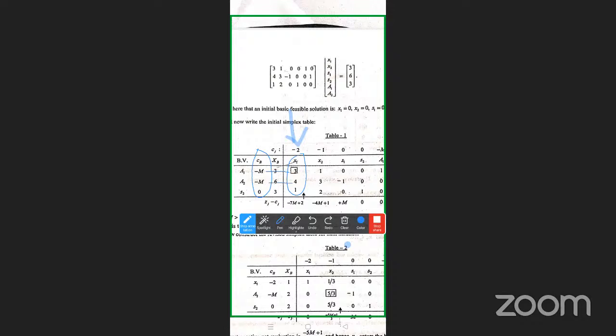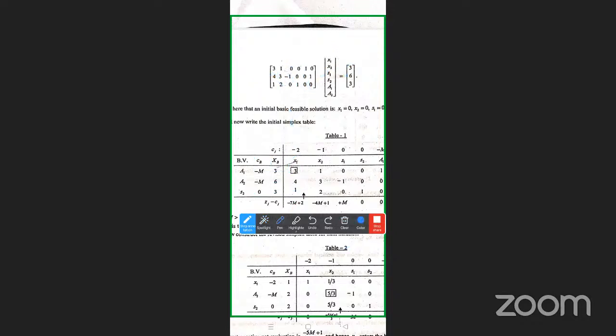So minus 3M minus 4M, minus 7M plus 0 into 1, 0. So total minus 7M, minus of minus 2, Cj, C1. So minus 7M plus 2. So this is the first delta J.